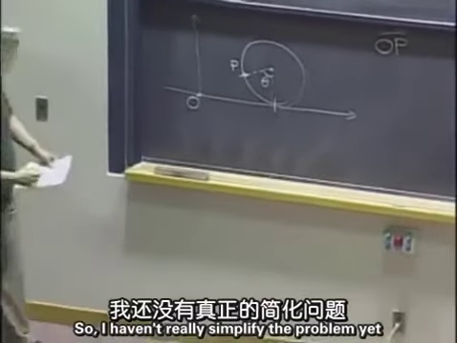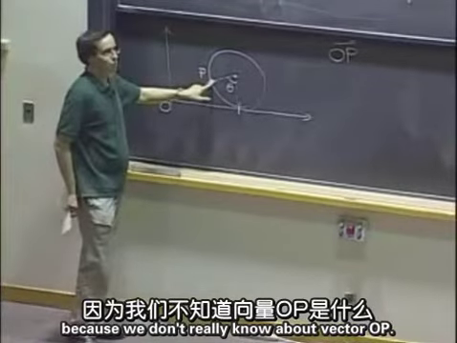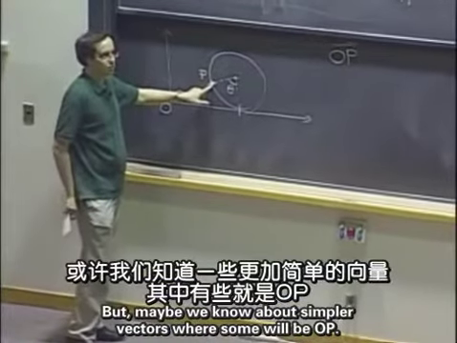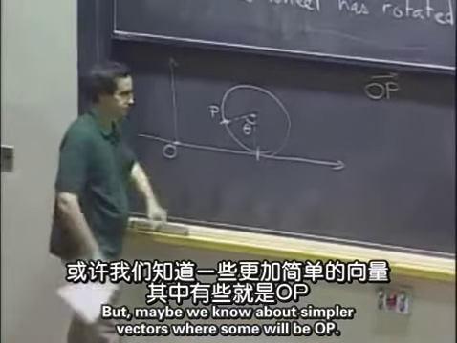So I haven't really simplified the problem yet, because we don't really know about vector OP. But maybe we know about simpler vectors whose sum will be OP.